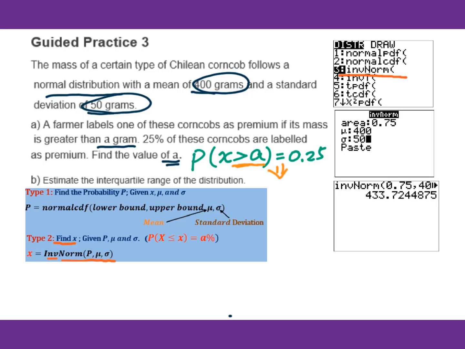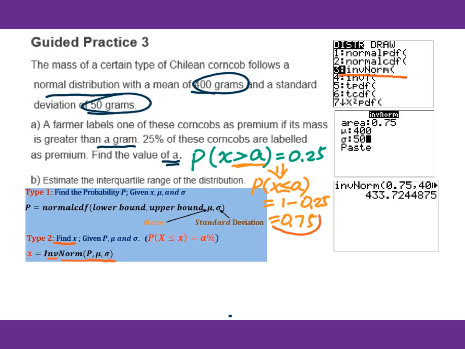How do we turn it into less than? As we know, the total probability equals 1. Therefore, the probability less than or equal to A will be 1 minus 0.25 equals 0.75.